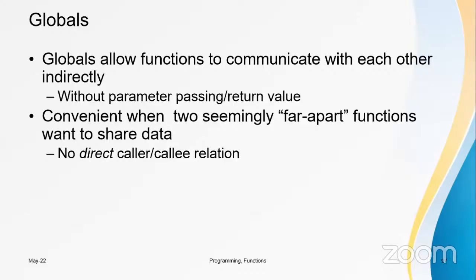Globals allow functions to communicate with each other. What is meant by global? The name itself gives you some meaning. You are writing a function and you want to keep some kind of variables there for every function definition.